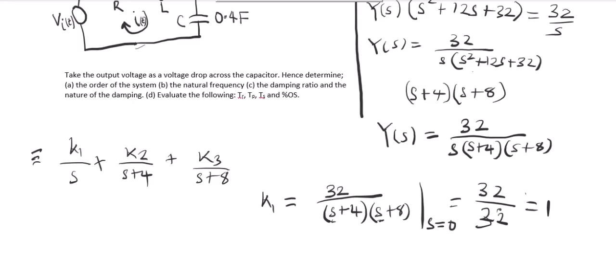What about k2? So we check for k2. K2 equal to, now bring back the whole equation and eliminate the denominator of k2. So we have s into s plus 8. So now as s tends to minus 4, because the solution for the denominator of k2 is s equal to minus 4, just like that one was s equal to 0, you know that.